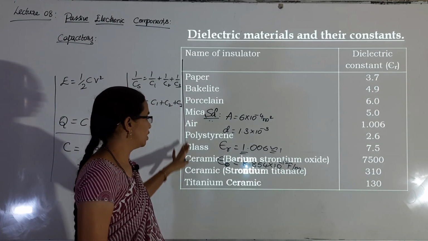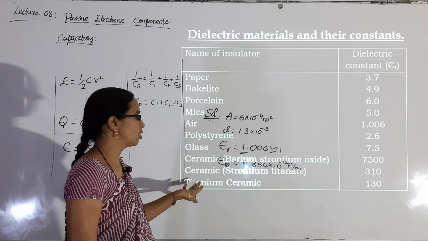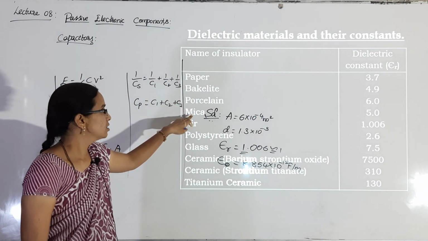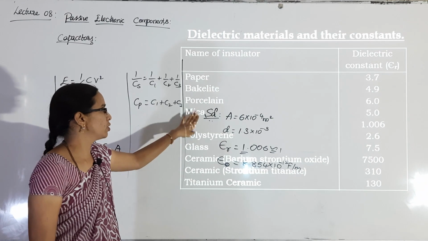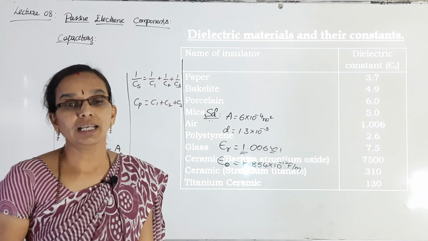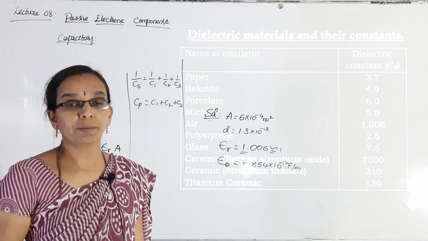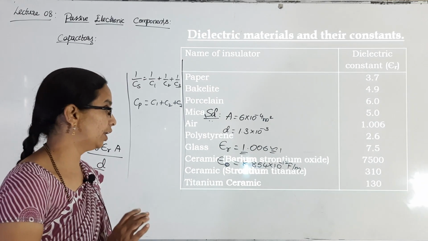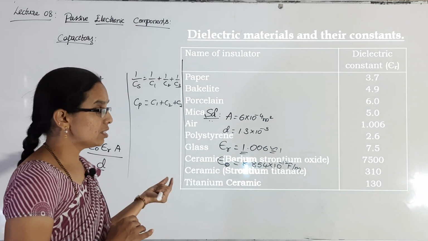For other items, for example, ceramic capacitors will have ceramic as a dielectric medium, and some capacitors will have porcelain, and mica capacitors will be there. So the dielectric medium will vary, and depending on that the relative permittivity of the medium will vary. So we have this chart.